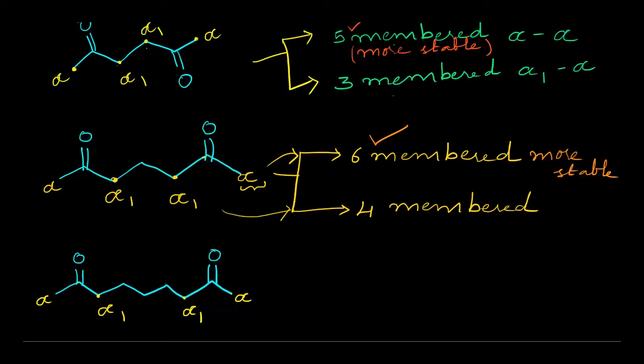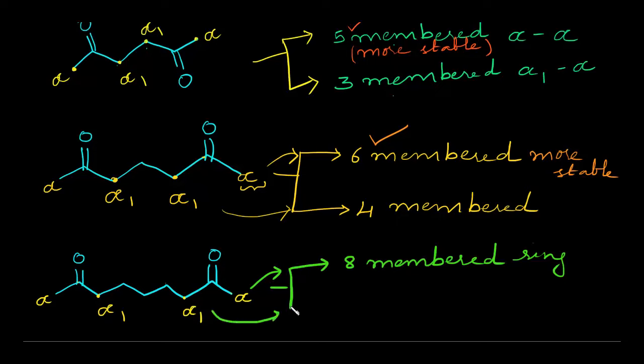It leads to the formation of an 8-membered ring. If this is the carbanion which you choose, then the ring formed is 1, 2, 3, 4, 5, 6: a 6-membered ring.